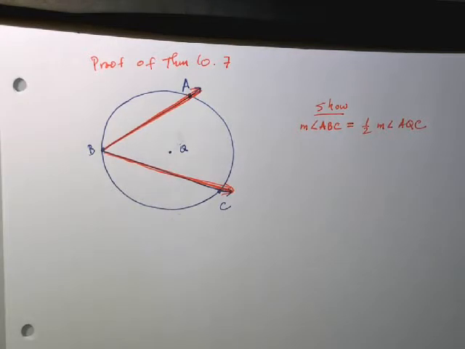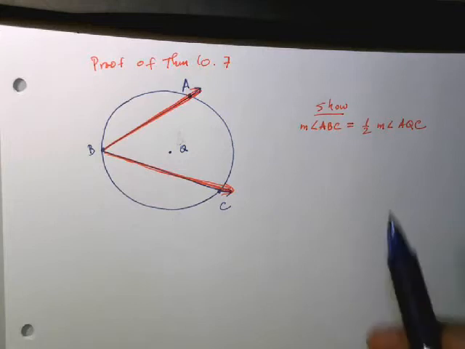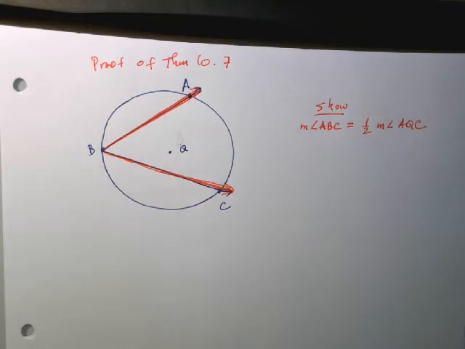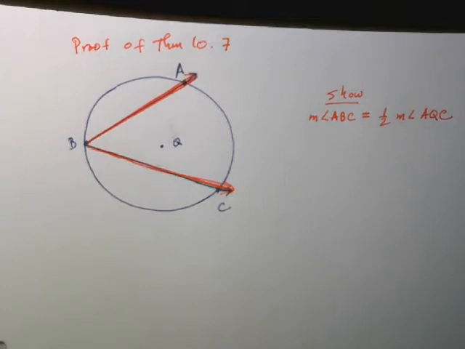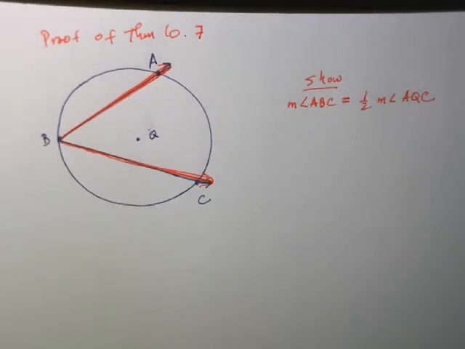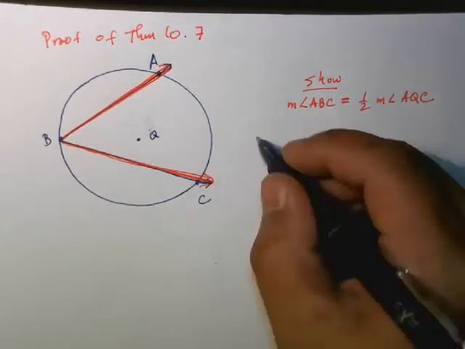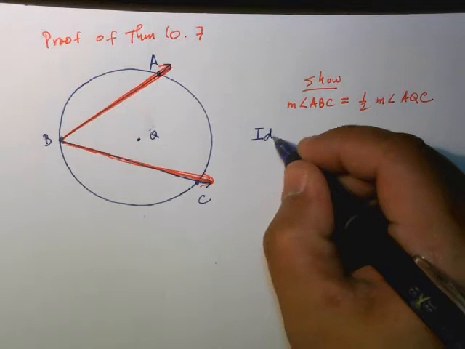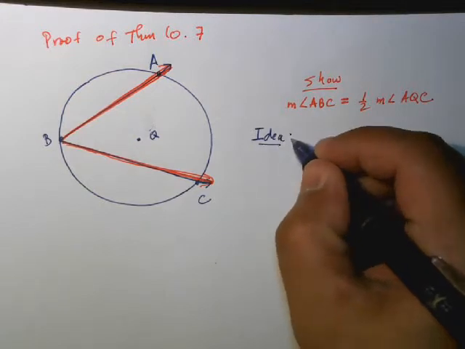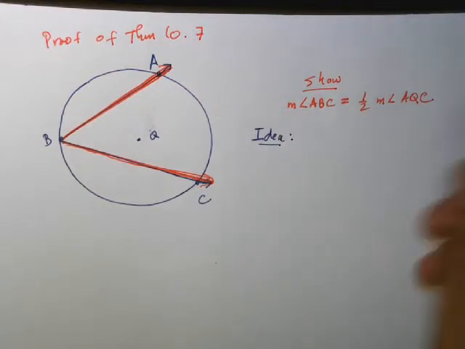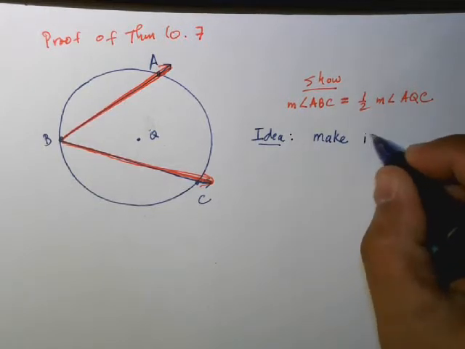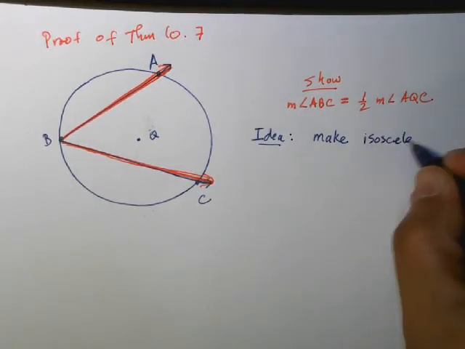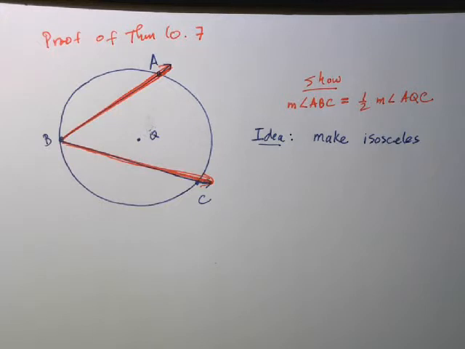Alright, so we're all set up here to do our proof, and I've just redrawn the picture here, and we are going to show that the measure of angle ABC is exactly equal to 1/2 of the measure of angle AQC. And the proof idea here, it's important to remember these little ideas that we use in these proofs, is that we are going to make some isosceles triangles using the radii.